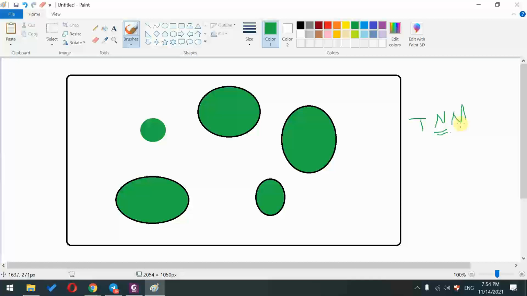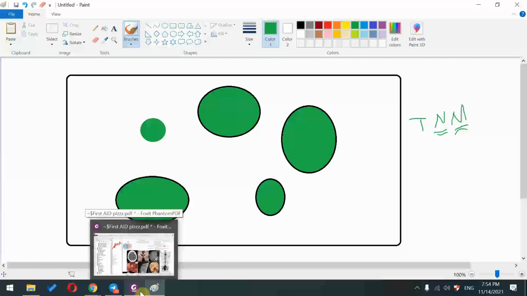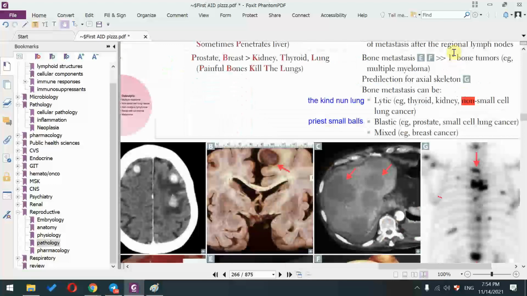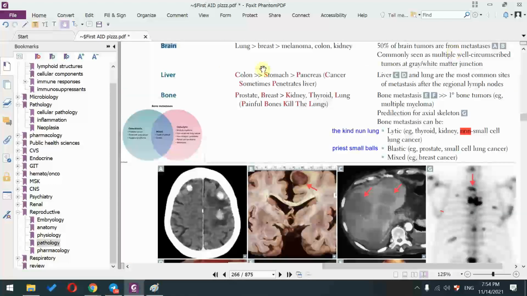Involvement of lymph node. And the M? Metastasis. Yes, that's correct. What about the T? Tumor size and invasiveness. Excellent. So they write here that the liver is a really common place of metastasis.